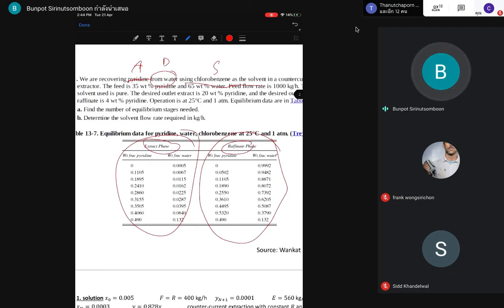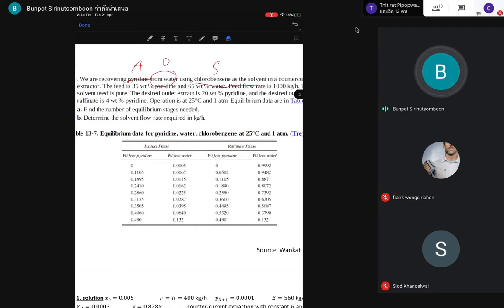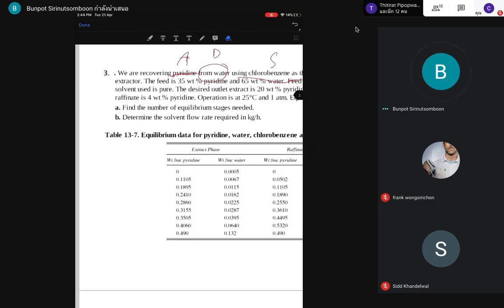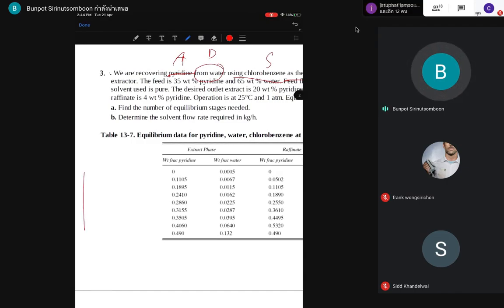So what you do is, first you start with a triangular diagram. Right here is 0, 1, and 1.